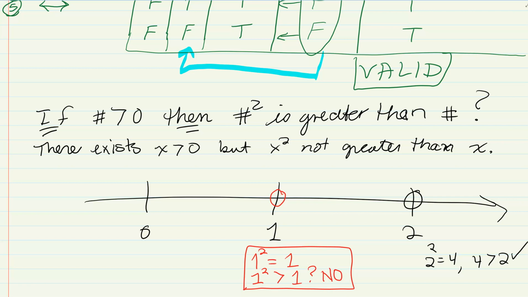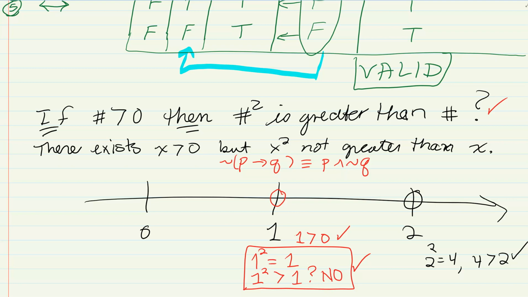Another way to think about that is the negation of P implies Q is P and not Q. Did I just show P and not Q? Meaning 1 is greater than 0. That's P. And this is not Q. So I have just disproved this first premise.